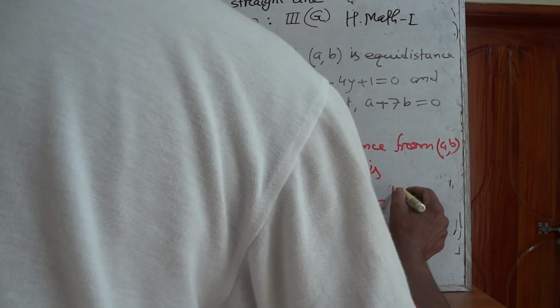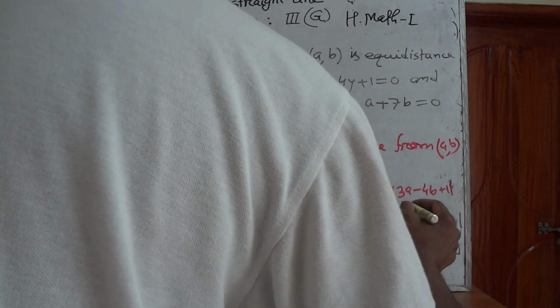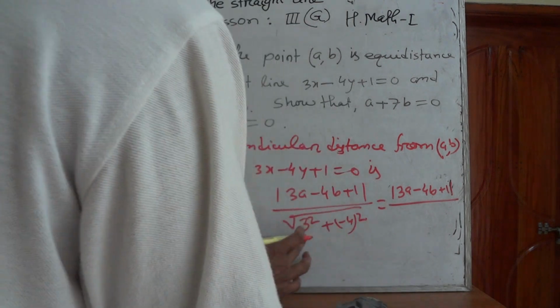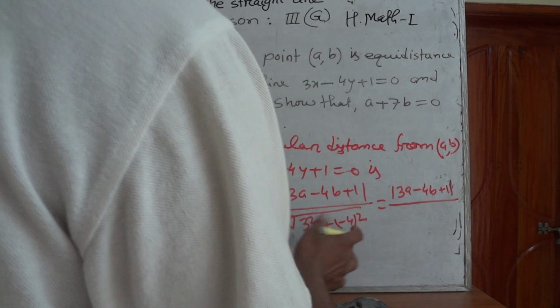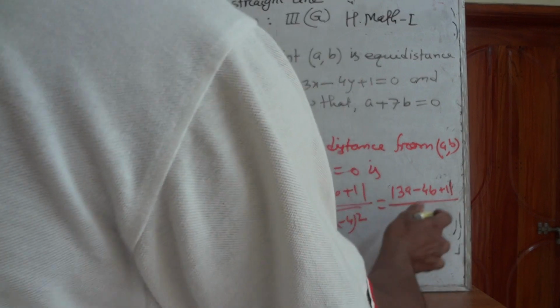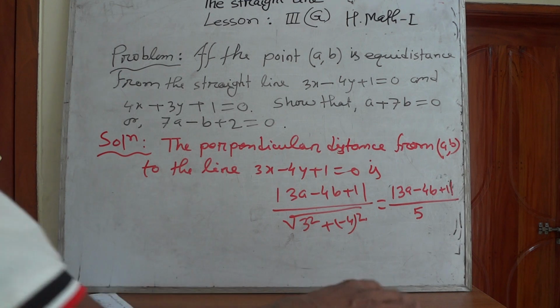And this is equal to 3a minus 4b plus 1 divided by, 3 square means 9, 4 square means 16, and 9 plus 16 is equal to 25, and the square root of 25 means 5. Clear?